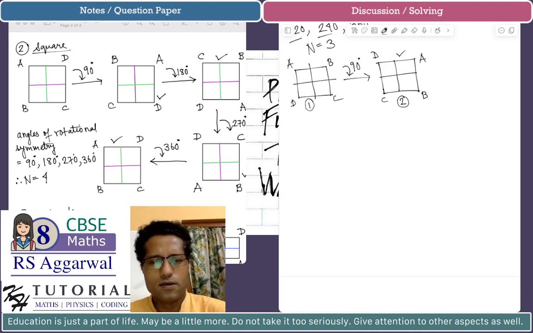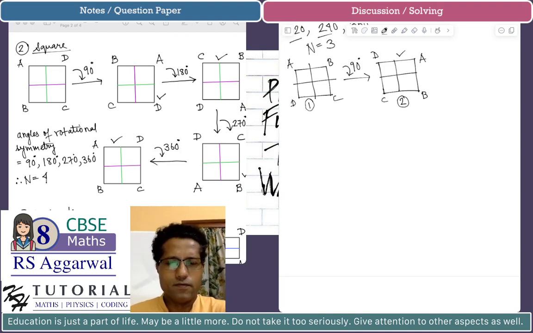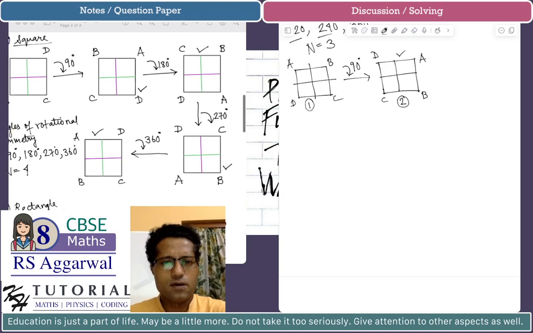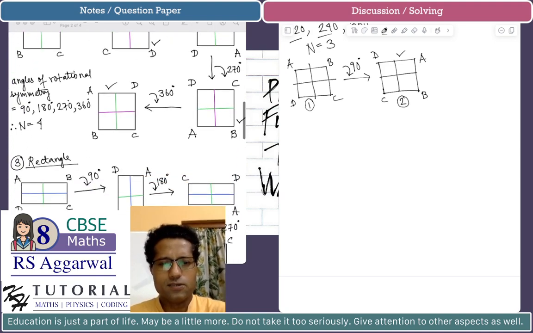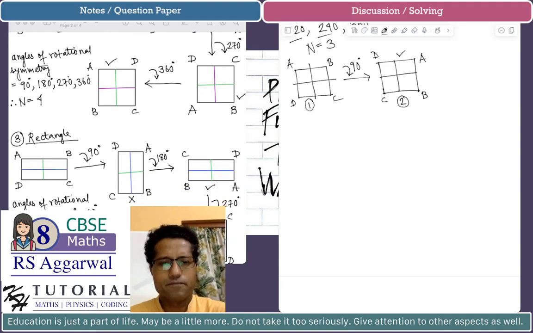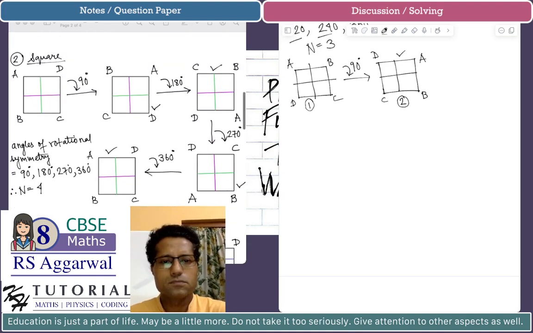So in the notes I have indicated with a right sign that it is looking identical to the figure at the initial starting position, and wherever you will see a cross beside the figure, that means that it is not identical to the figure in the starting position. Okay.